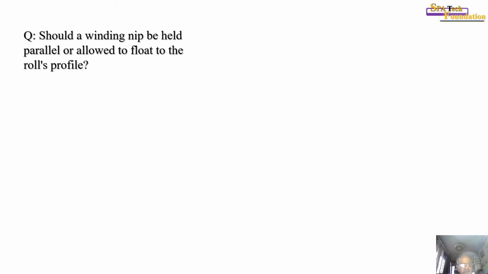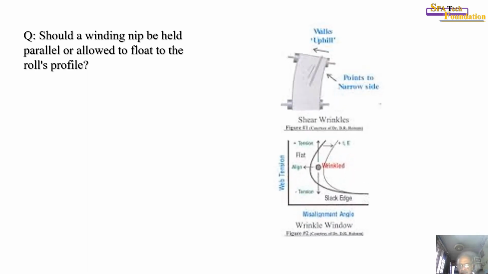Should a winding nip be held parallel or allowed to float to the roll profile? Here is a picture of how the two ideals are mismatched and how it can create a wrinkle, and how the wrinkle will have an effect on the winding quality.